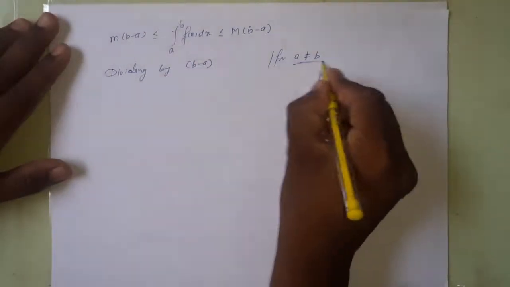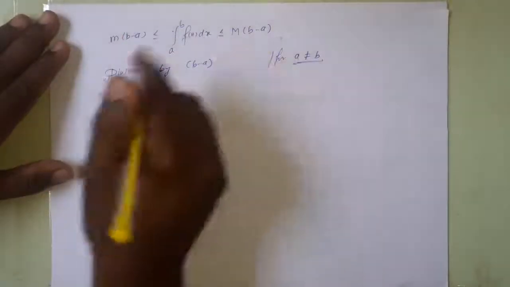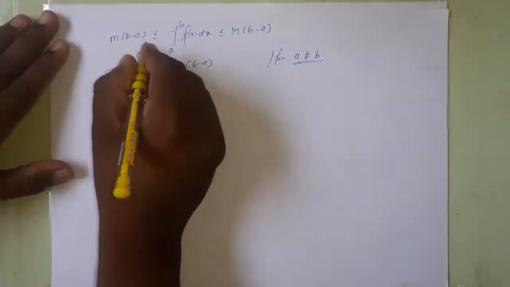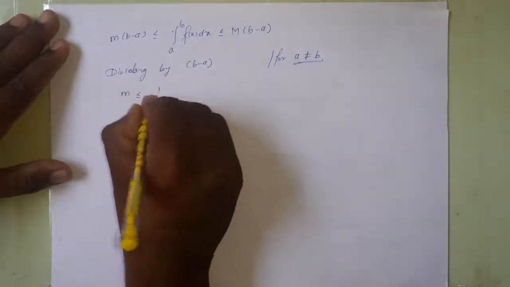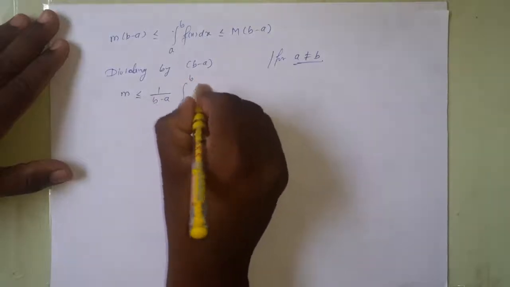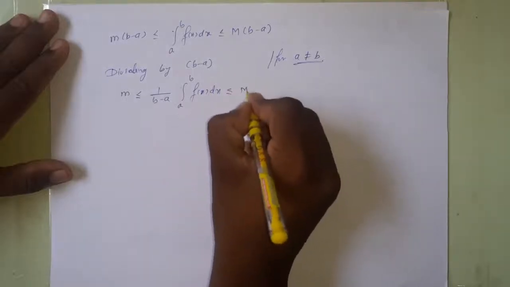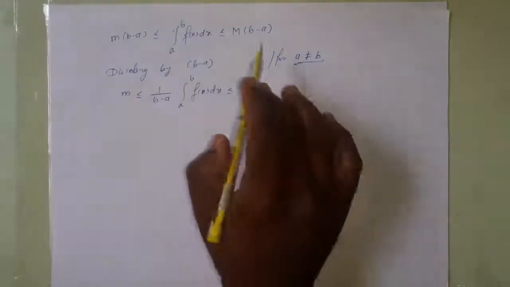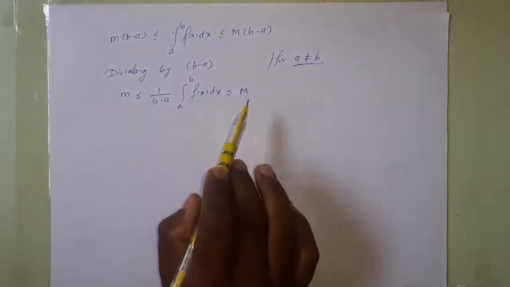Therefore a should not be equal to b. Then this inequality becomes m times (b minus a) divided by (b minus a), that becomes m only, less than or equal to 1 divided by (b minus a) times the integral from a to b of f(x) dx, less than or equal to capital M. Here we are dividing by b minus a, therefore we get only m.